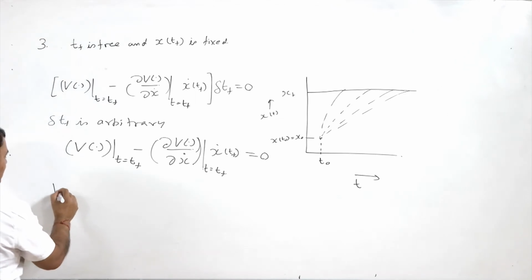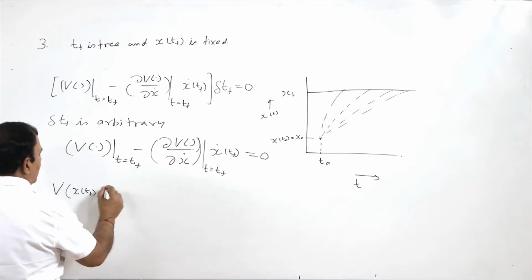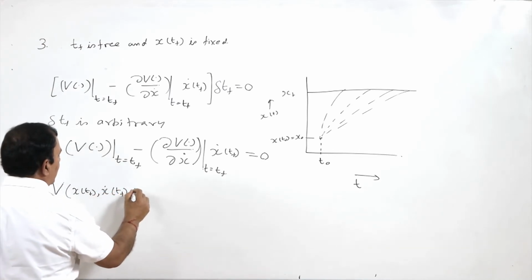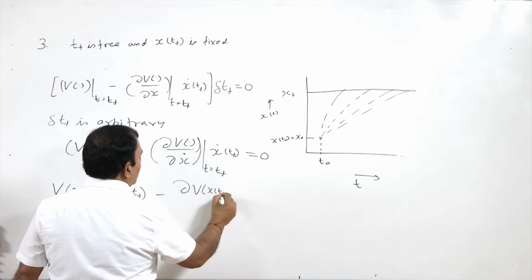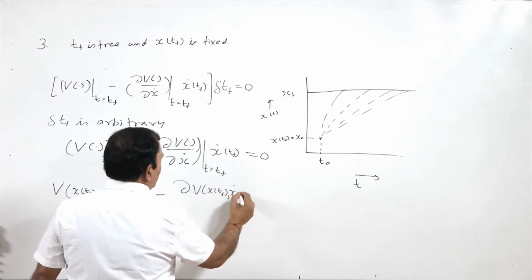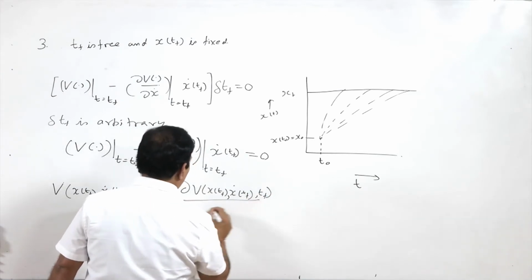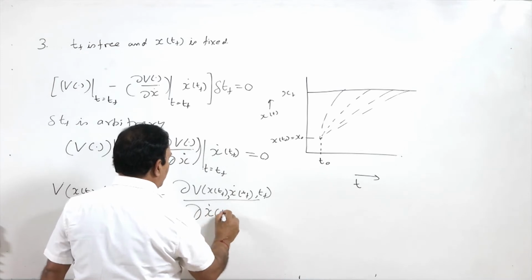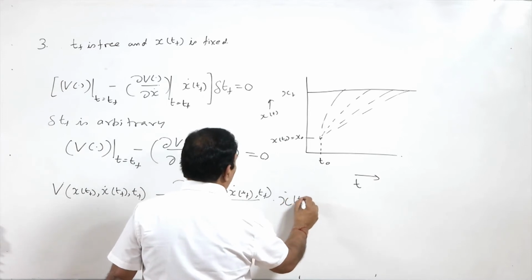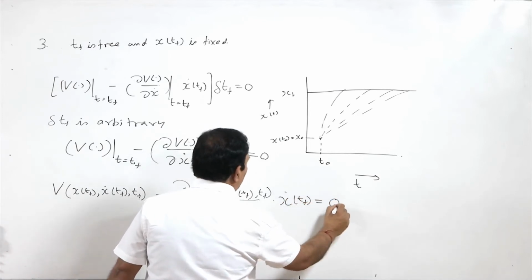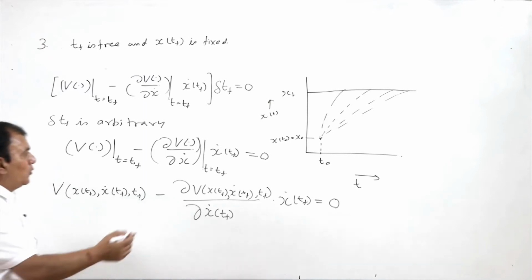In general, we can write V evaluated at tf minus del V by del x dot of tf multiplied with x dot of tf equal to 0. So, we have two conditions now.